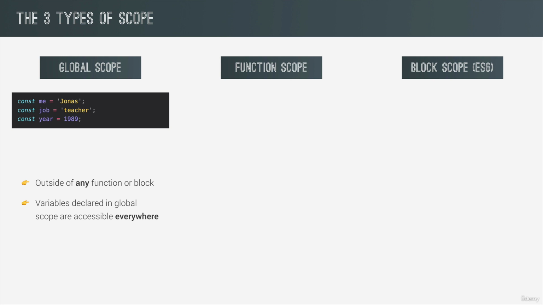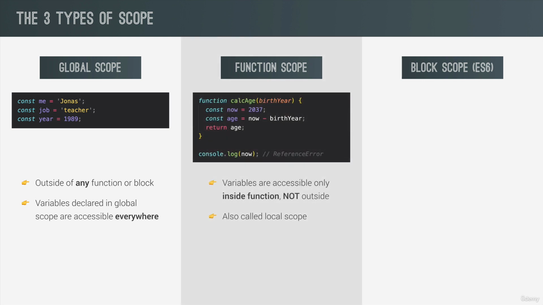So this is for variables that are declared outside of any function or block. These variables will be accessible everywhere in our program, in all functions and all blocks. So really everywhere.